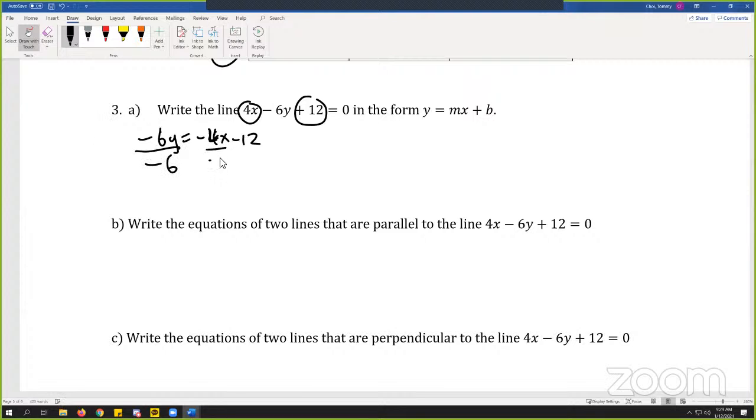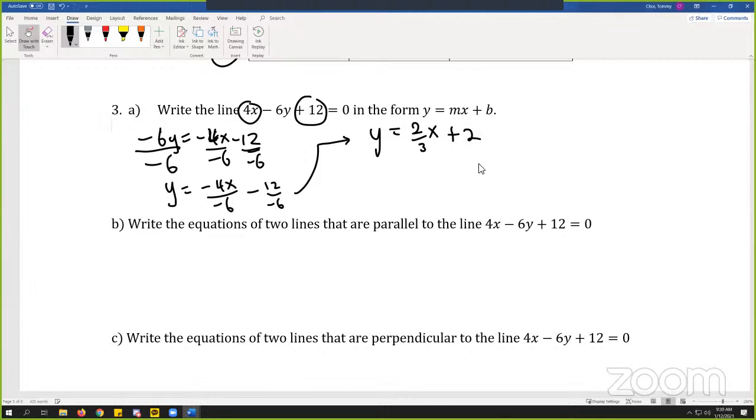We're going to divide everything by negative 6. In doing so, we're going to be left with something that looks like this. We can simplify these fractions, and your final answer should be 2 over 3x plus 2.